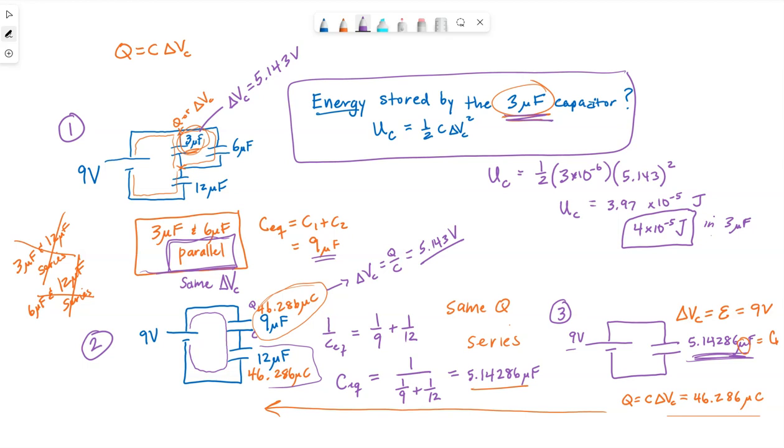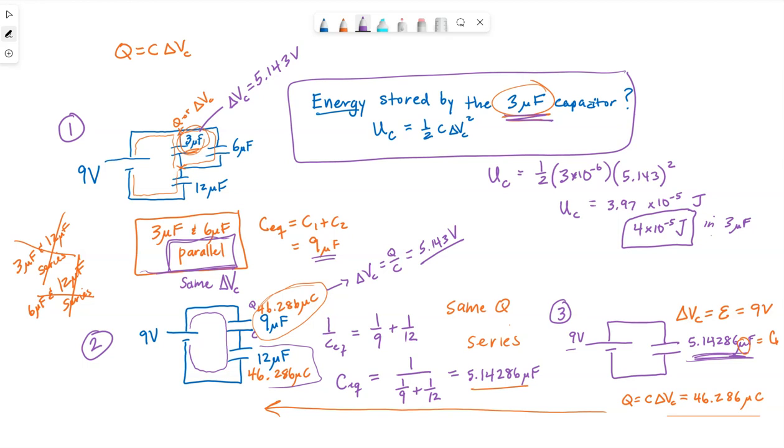So this one, we didn't stop and find Q and delta V for all of them because we didn't need to. The problem asked specifically for just the one. Okay, so I'm going to do a few more examples in different videos. But again, I highly recommend following the path. I know it seems kind of silly and tedious, but I promise it helps.